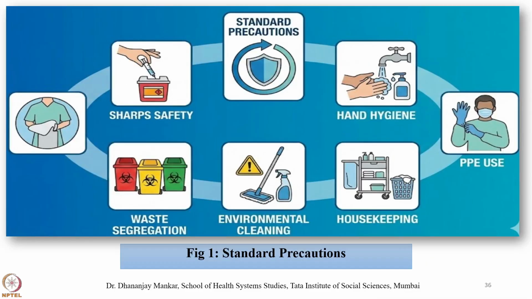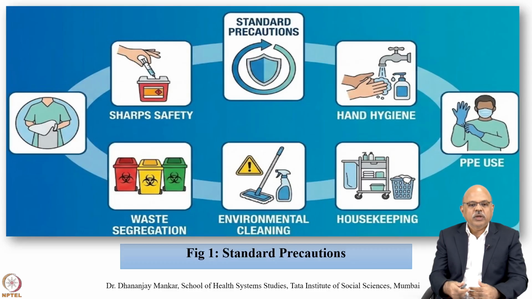Here we can see a figure of the different standard precautions that we need to take, especially with respect to sharp safety. This is done by first putting an end to the boxes while cutting the needles.